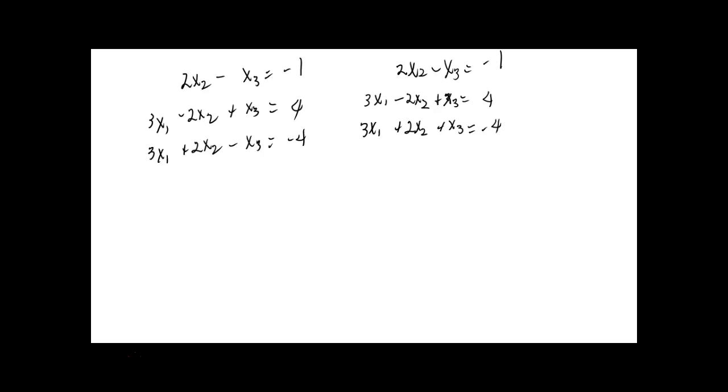And then look back at the page just before this, at the top of the page and at the bottom of the page. Didn't I just describe this here? 0, 2, minus 1, 3, negative 2, 1, 3, 2, minus 1. That's that matrix.